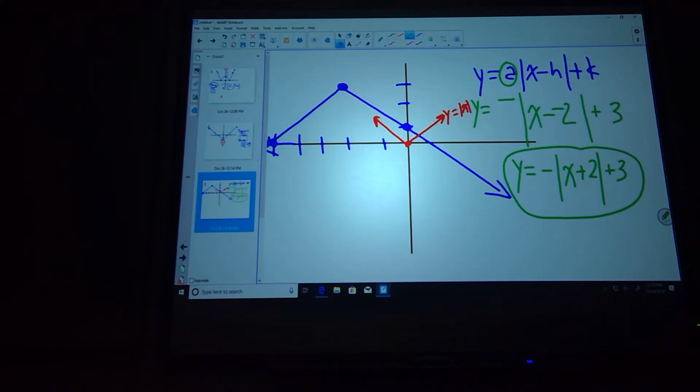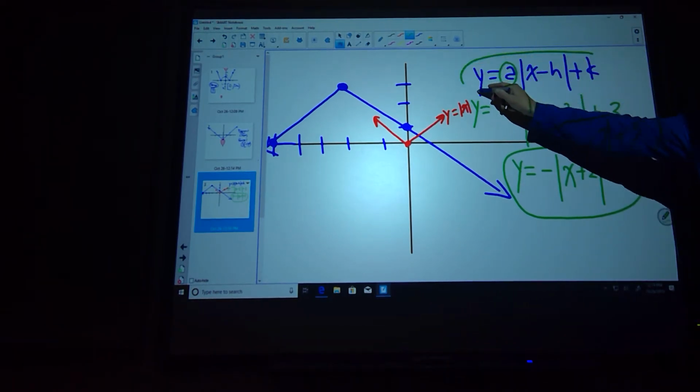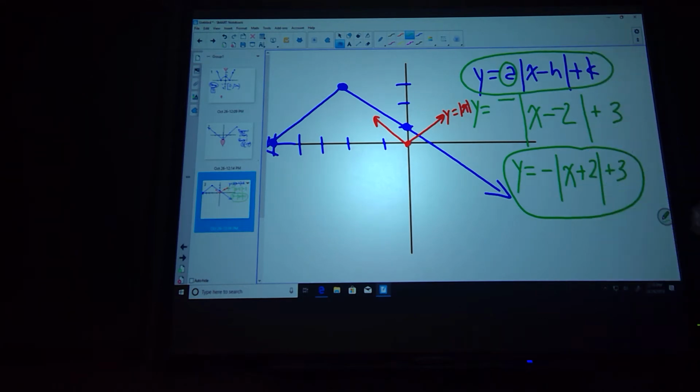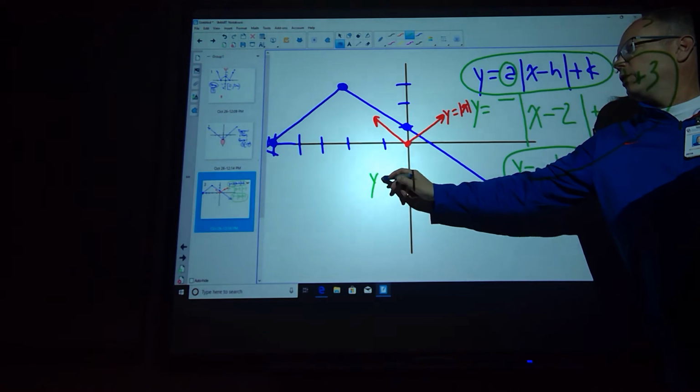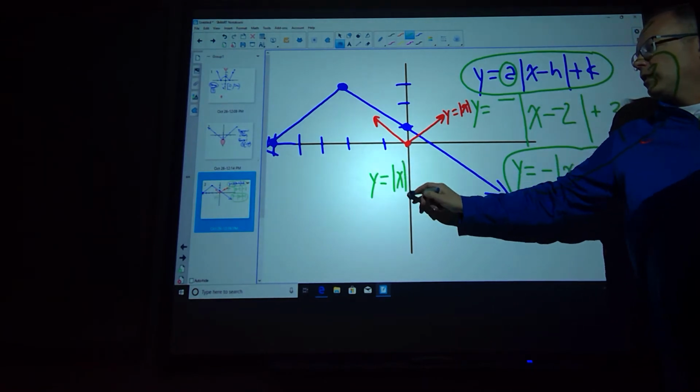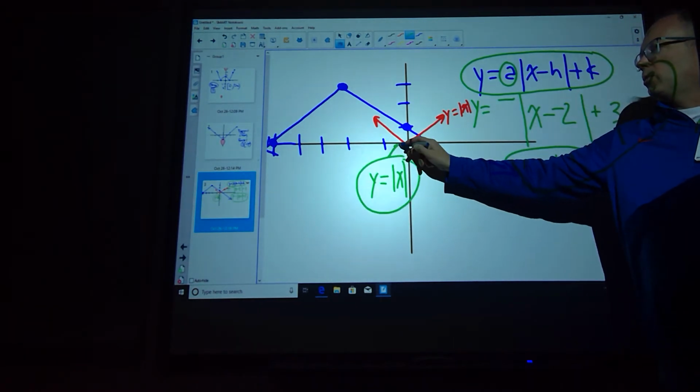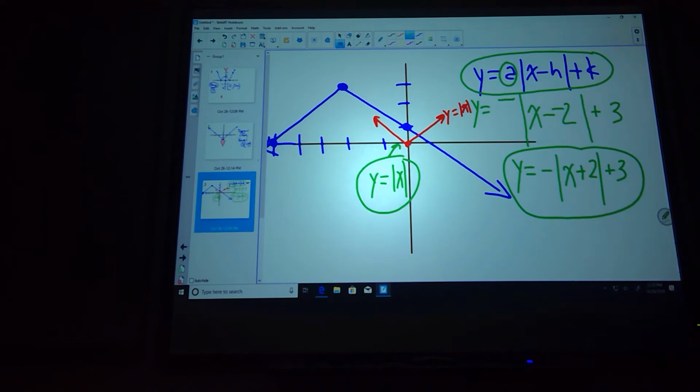Does that make sense? No? Where are you stuck? I don't get how you got y equals x minus h. So this is just the general equation for an absolute value function, where our parent function is y equals absolute value of x. That's the most basic, which is this red one. So what did we do to that red one to make it flip upside down?